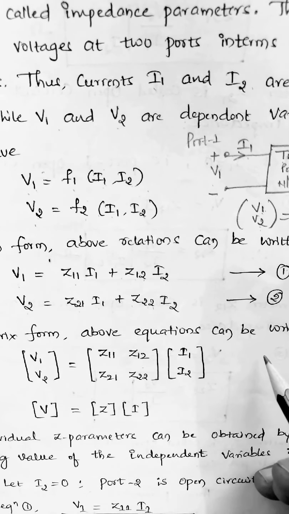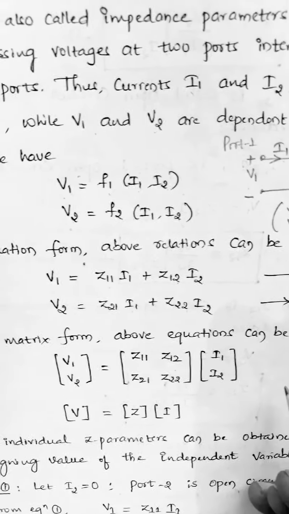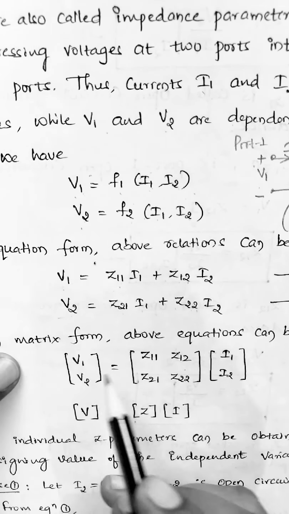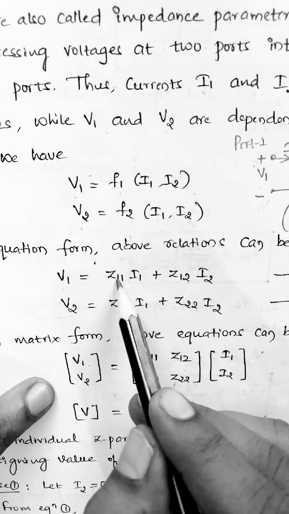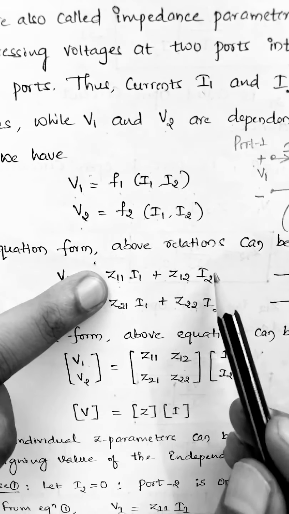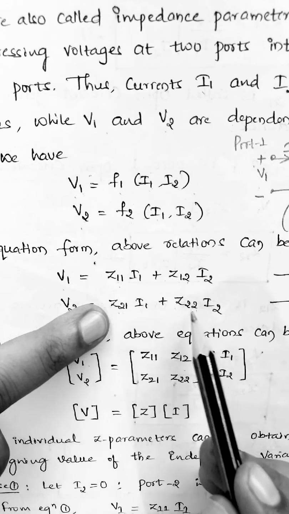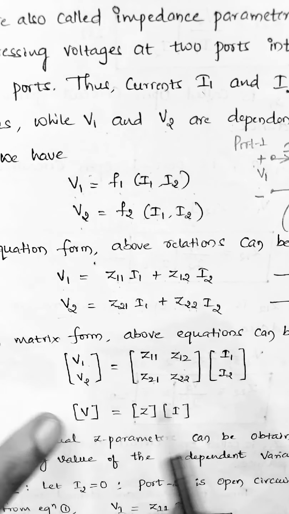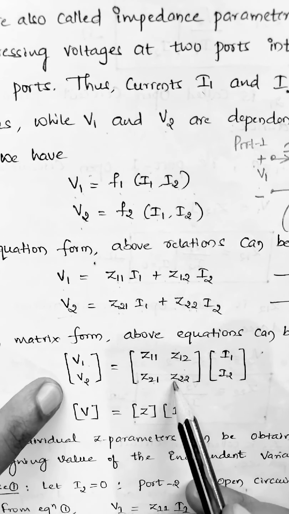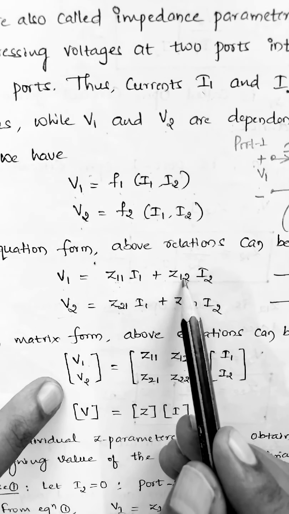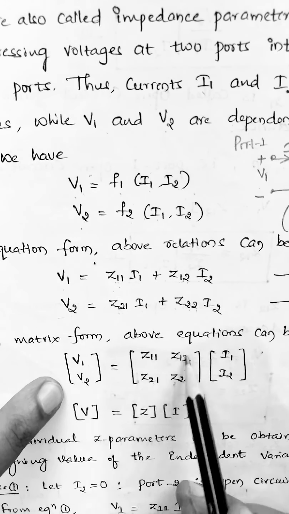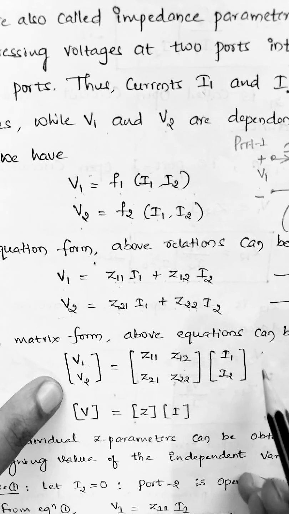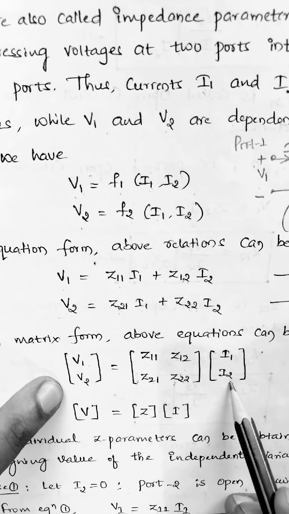These two equations 1 and 2, if you want to express in matrix form: V1, V2, and here the Z parameters Z11, Z12, Z21, Z22. This is the voltage matrix, this is the impedance matrix, and these impedance parameters are multiplied with the current values I1 and I2, which is called the current matrix.